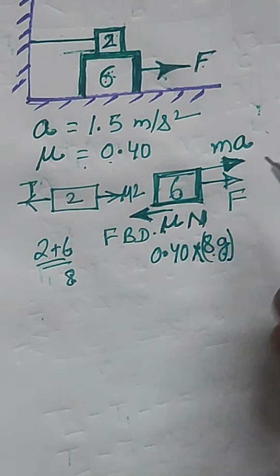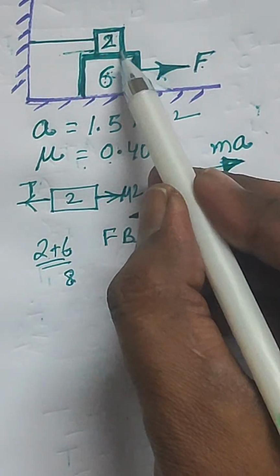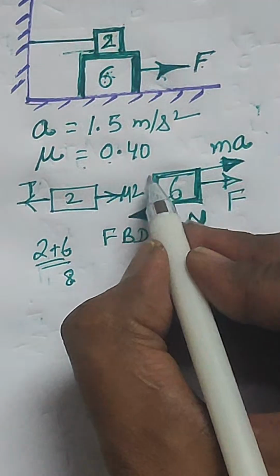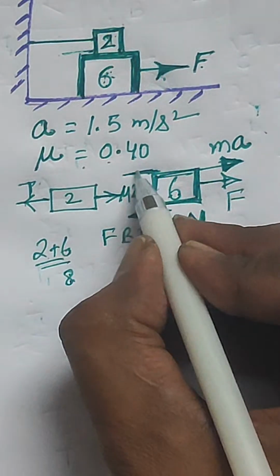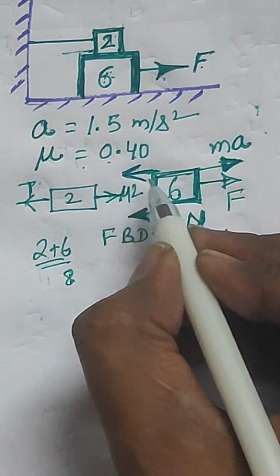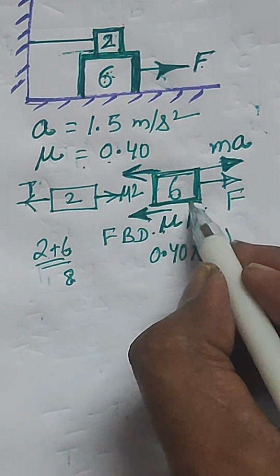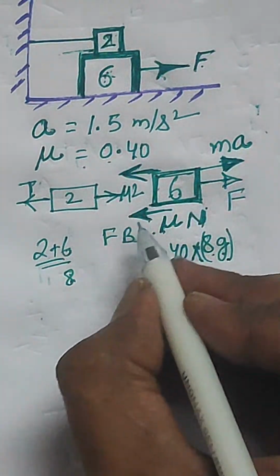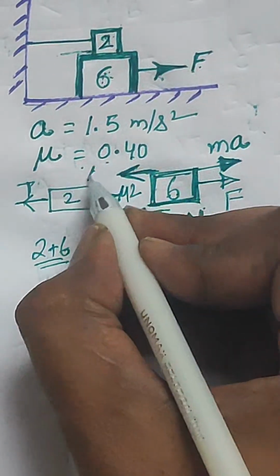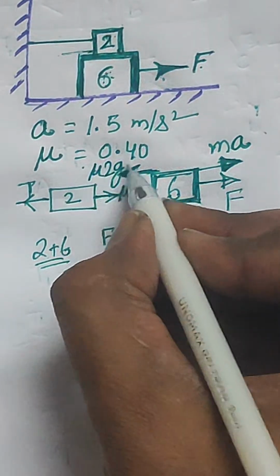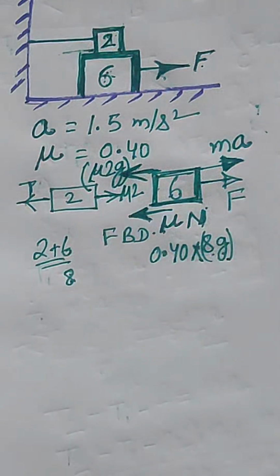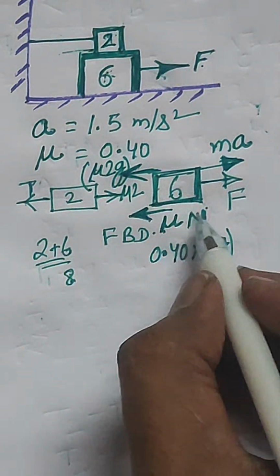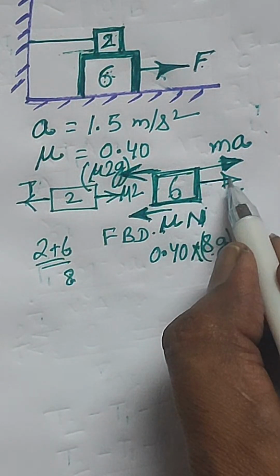Apart from this, the 2 kg block is also exhibiting some frictional force, and on the free body diagram of this 6 kg block, this will give you mu into 2 into g, mu into N. So what is the force? You can see the force is applied to the right hand side.